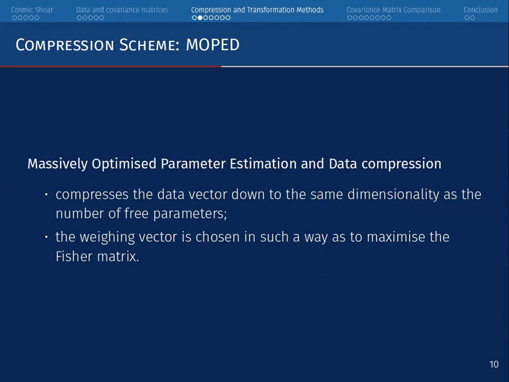So basically, for the DES one, for example, it takes a 227 by 227 covariance matrix and shrinks it down to a 16 by 16 one. It's a massive compression because 16 by 16 is just the number of free parameters. So you could have a 1000 by 1000 covariance matrix, and it should shrink down to the 16 by 16 one.